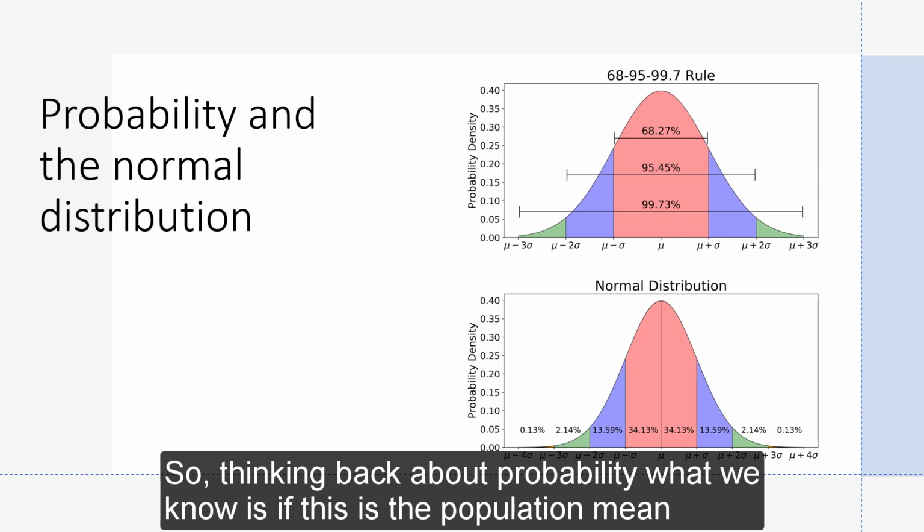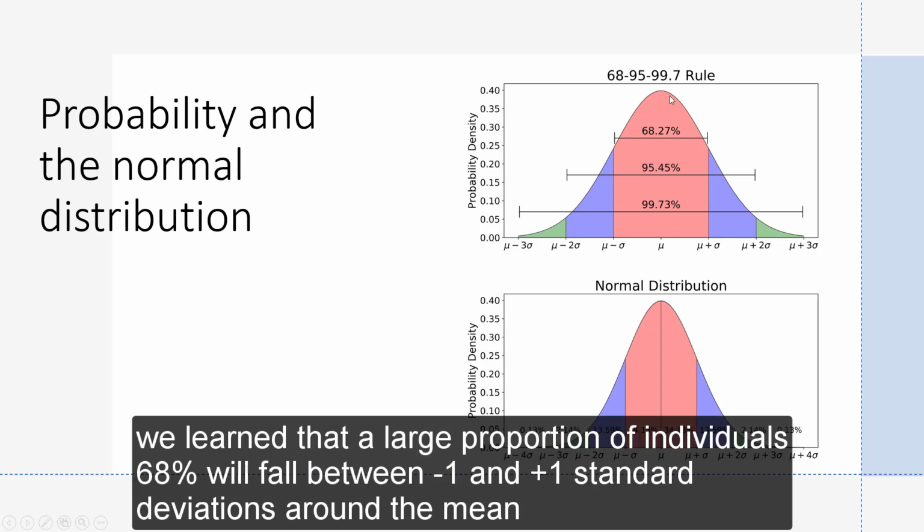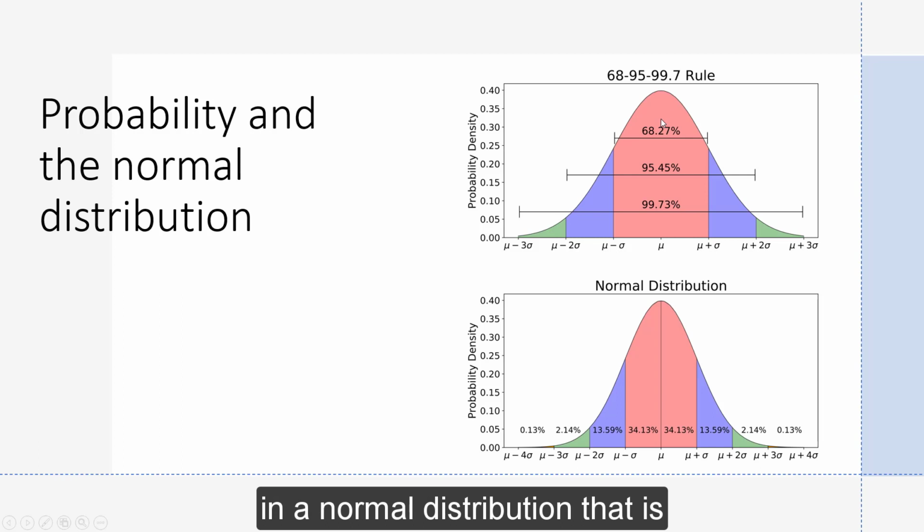So thinking back about probability, if this is the population mean, this is 1 standard deviation above the population mean, and 1 standard deviation below. We know that a large proportion of individuals, 68%, will fall between -1 and +1 standard deviation around our mean, in a normal distribution, that is.